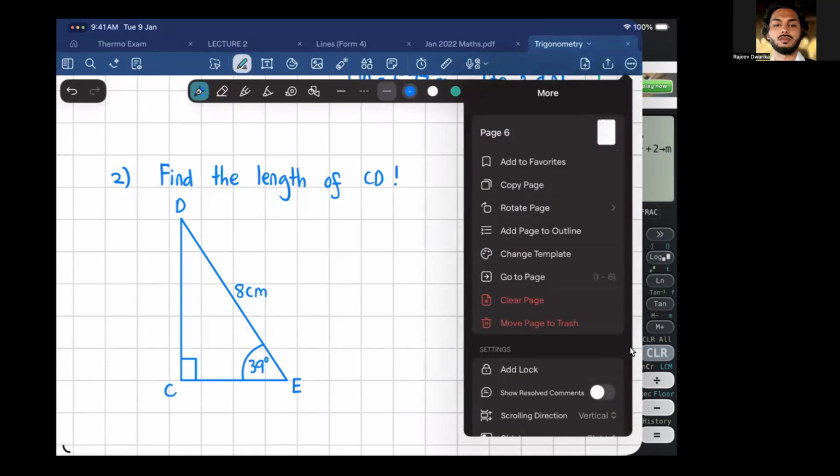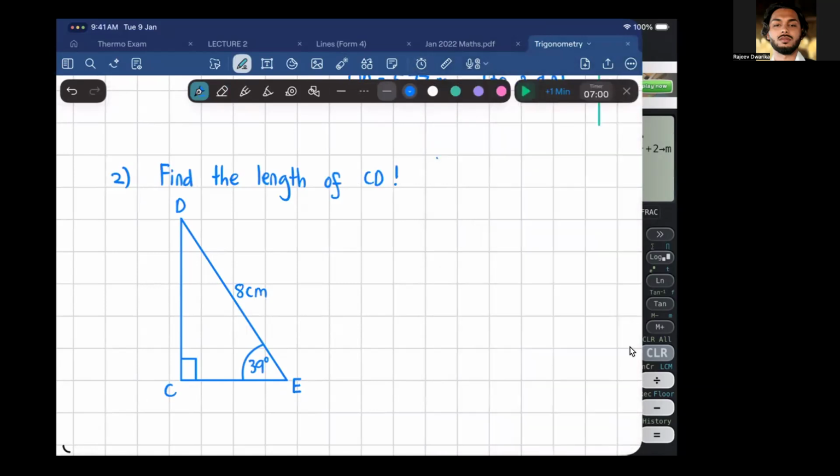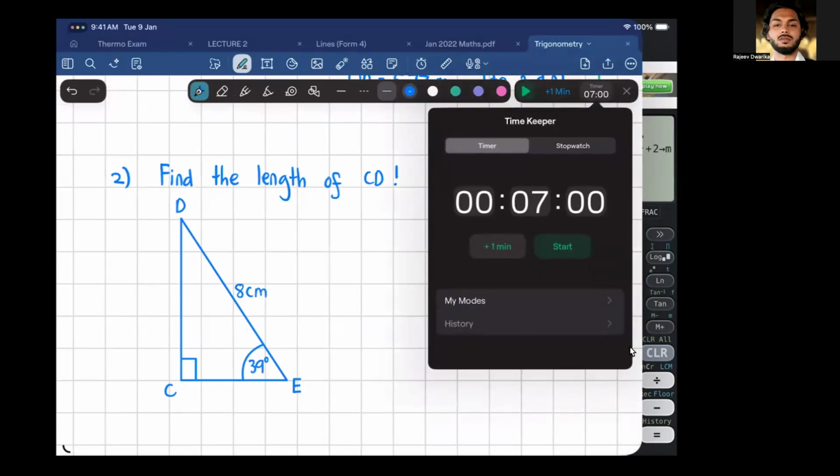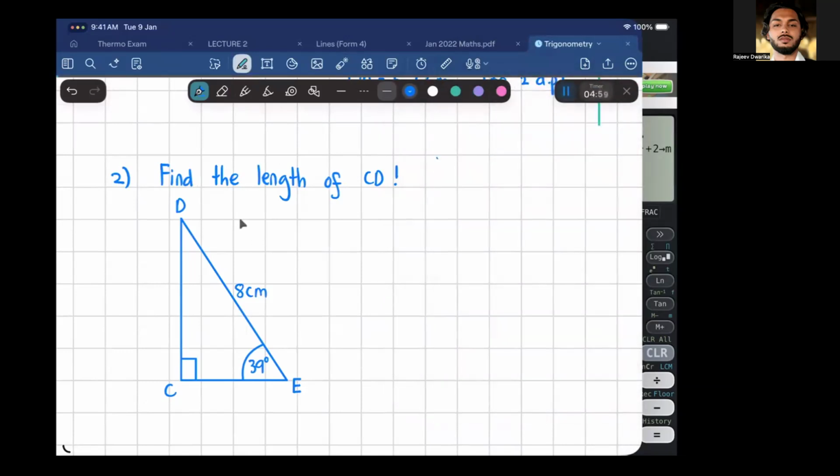I'm going to give you all 5 minutes. Try this. So you're first going to label, then you're going to select, then you're going to do the algebra. Give it a try.